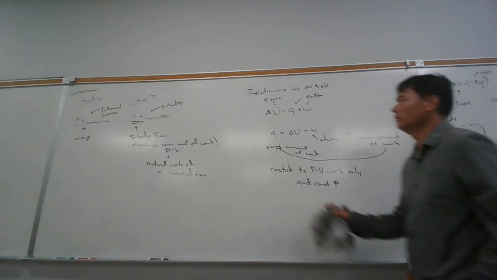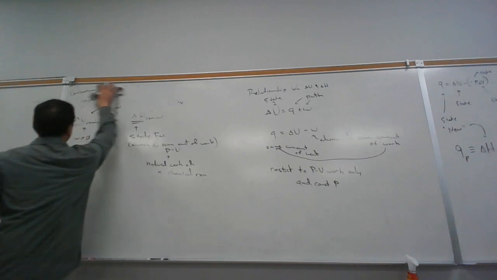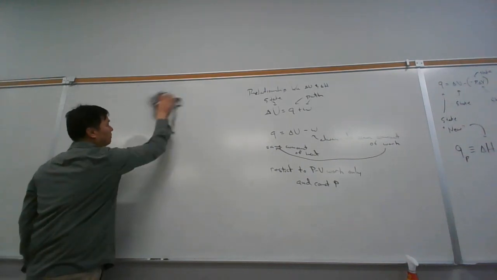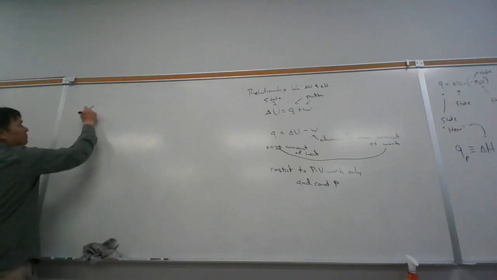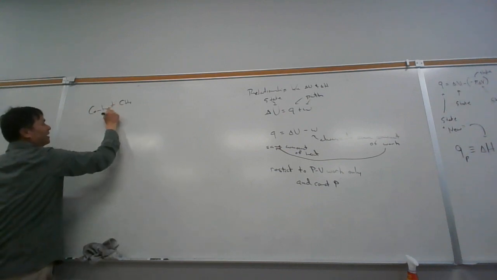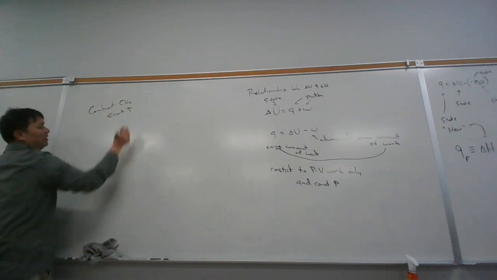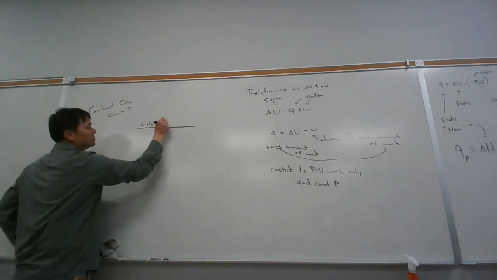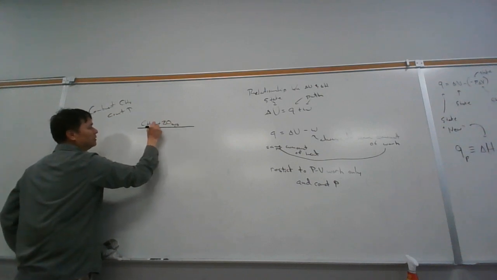And so when we're dealing with constant pressure, rather than using internal energy, we like to use enthalpy. And so if I combust methane at constant pressure, then I write it like this. We'll have methane plus 2O2 gas. This is gas.